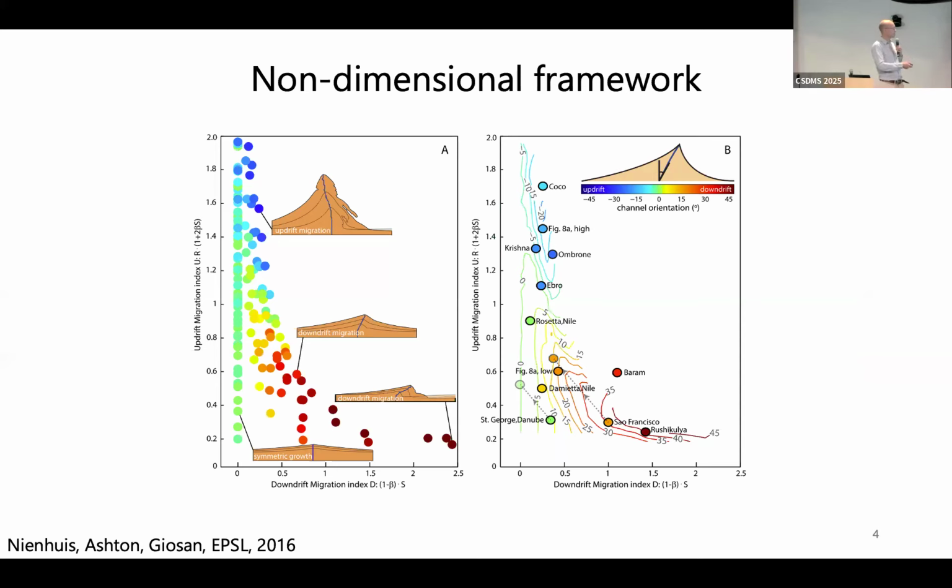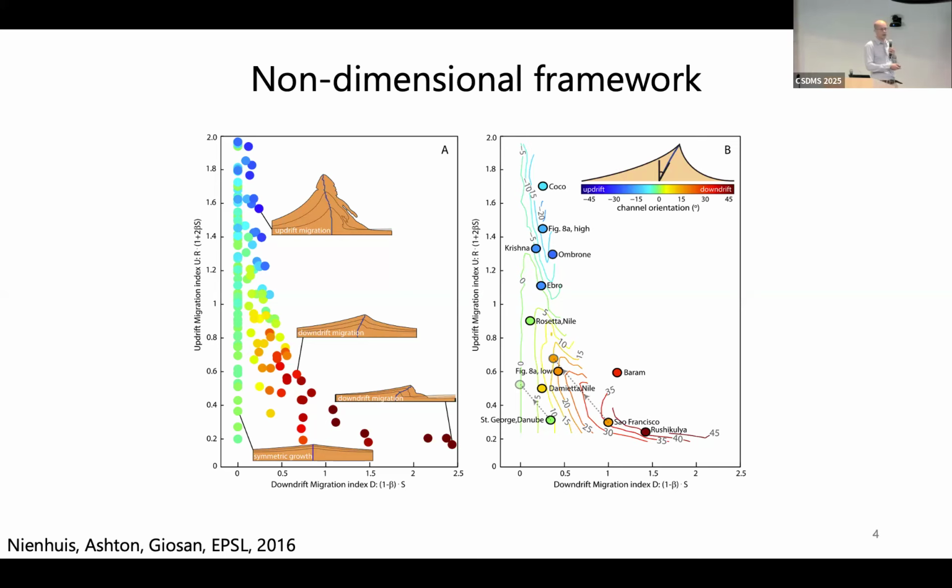So rather than just plotting 100 different model outputs and presenting those, we try to come up with our non-dimensional numbers, in this case, an updrift migration index and a downdrift migration index, that you see really nicely spread out the different types of channel orientations that you might find on deltas, all the way from downdrift migrating channels to the updrift migration that you saw on this GIF earlier, right?